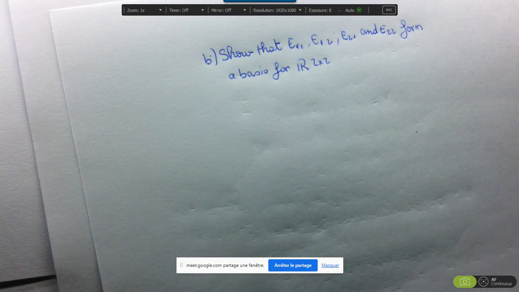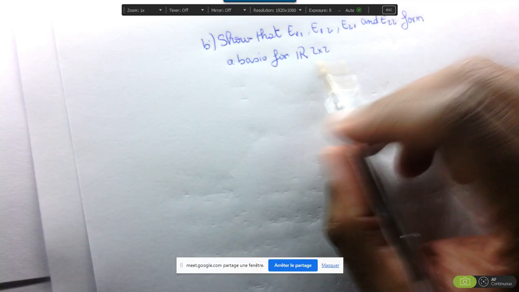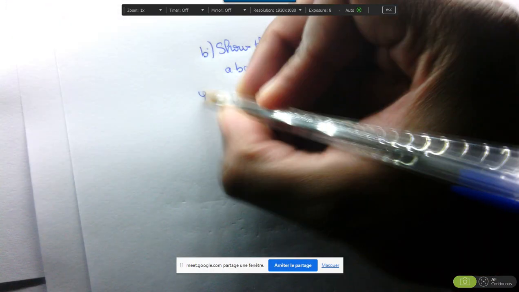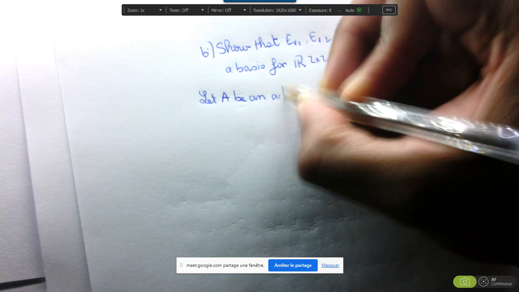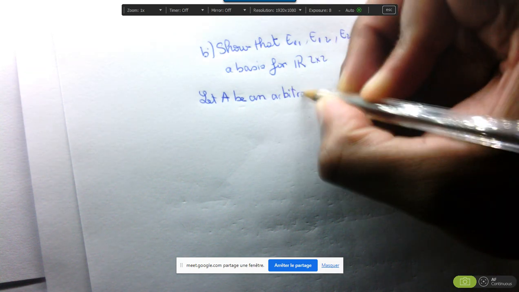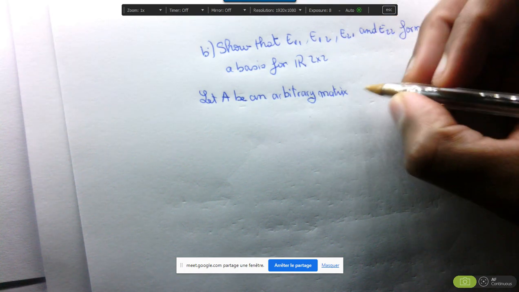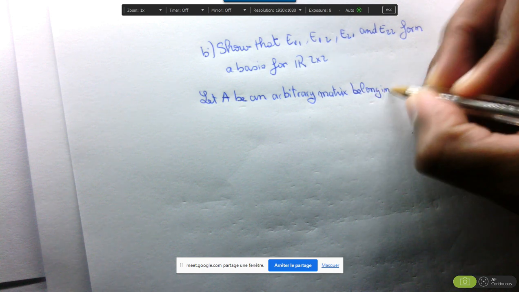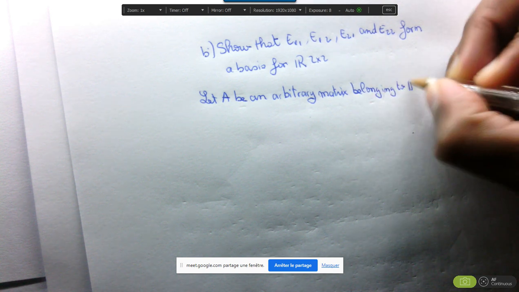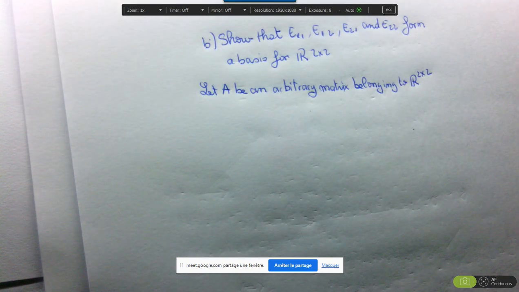Okay, so let me take a matrix from R2 by 2. So let A be an arbitrary matrix belonging to R2 by 2, the set of all 2 by 2 matrices.